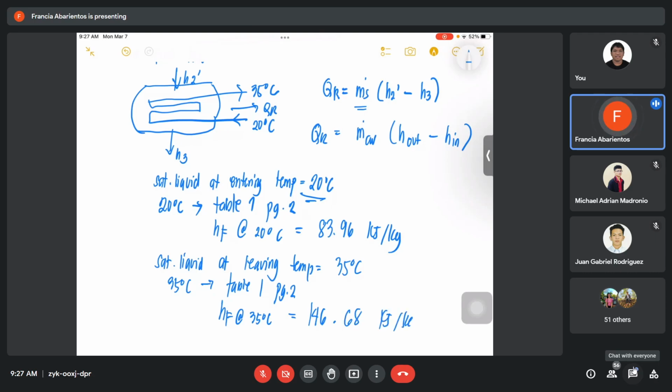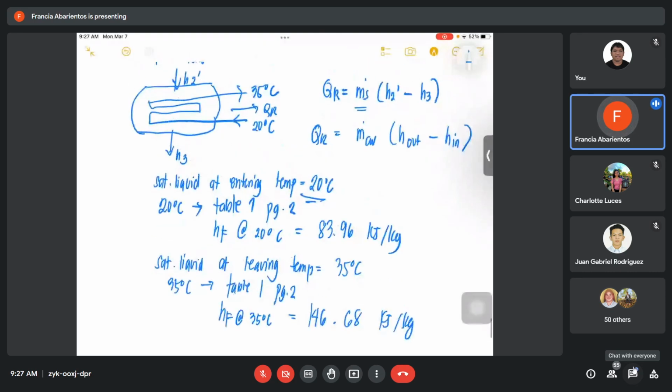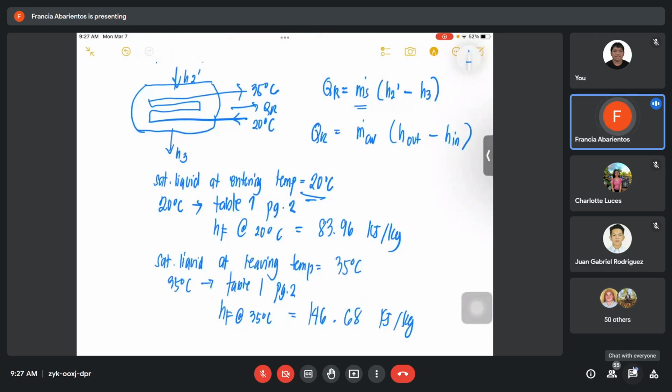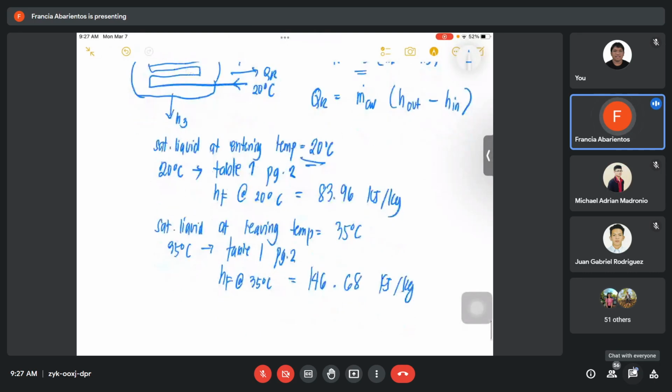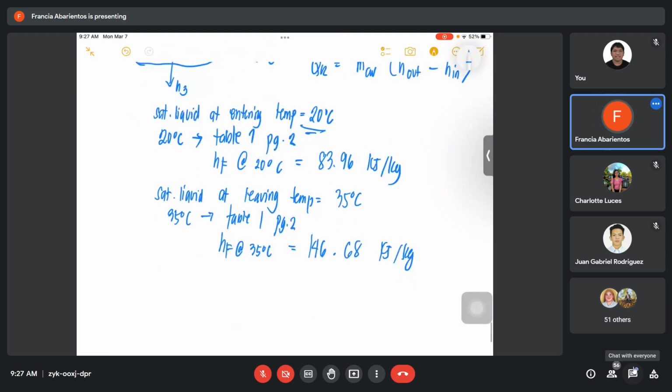Okay. So by the energy equation, entering is just equal to leaving. So the heat rejected, whatever energy enters, that is also the energy that leaves with the water. So we have the mass of steam now.